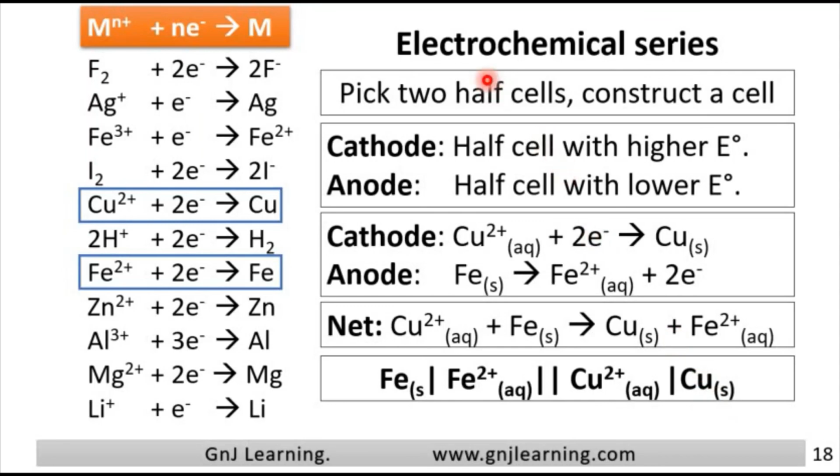So this is the advantage of the electrochemical series. You can pick any 2 half cells, join them, and depending upon their position in the electrochemical series, you can identify the cathode, its reaction, the anode, its reaction, and then write down this cell. More details about the electrochemical series will be in the next part.